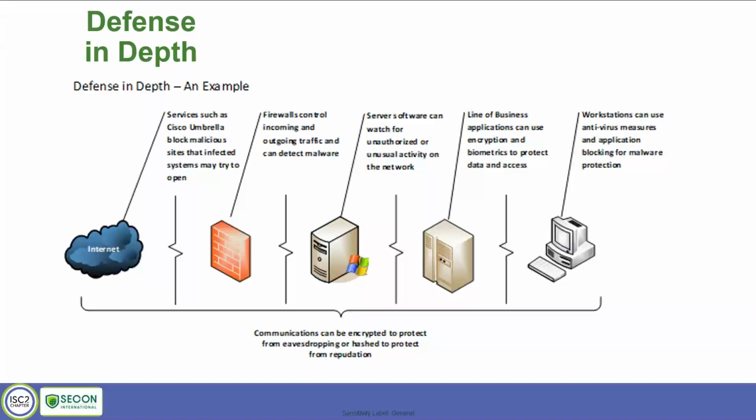Then on the servers and devices, we have software that can watch for unauthorized or unusual activity on the network, like an IDS, or we could use an EDR application on the devices. Then we have business encryption applications that use biometric control to protect data and access.